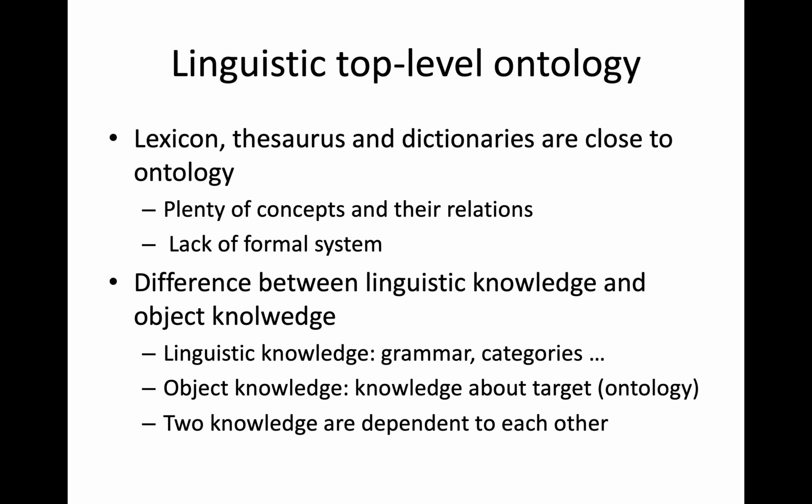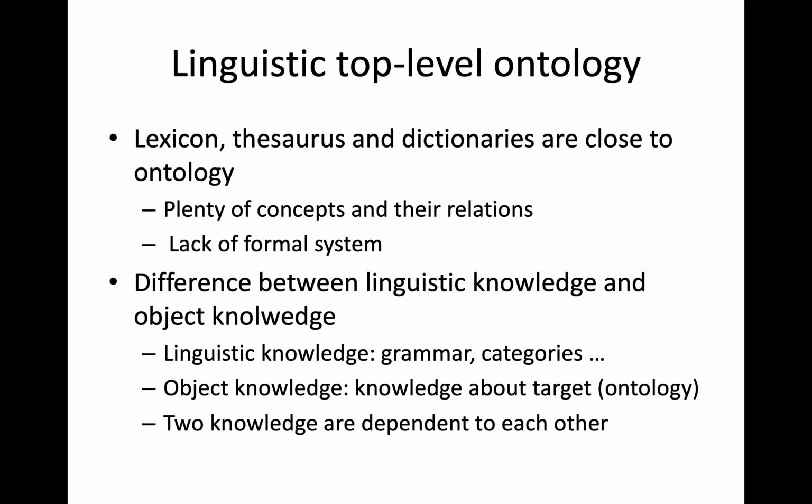A linguistic top-level ontology could be a lexicon, thesaurus, or dictionary, which are close to an ontology. There are plenty of concepts and their relations, but there is a lack of a formal system. So what's the difference between linguistic knowledge and object knowledge? Linguistic knowledge can be used to define grammar and categories, while object knowledge has the knowledge about the target ontology, right?